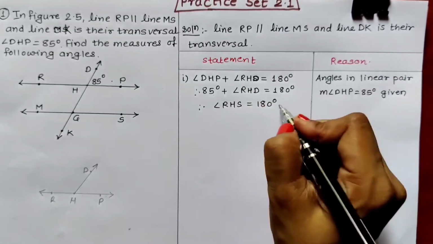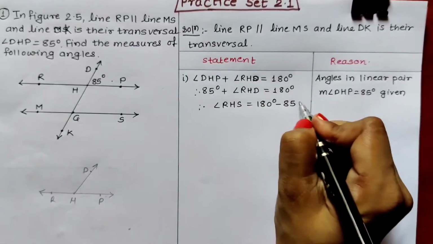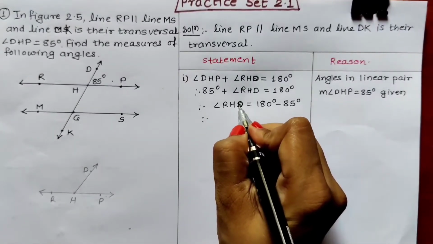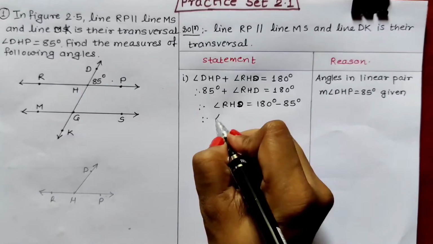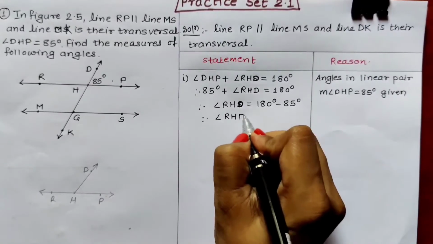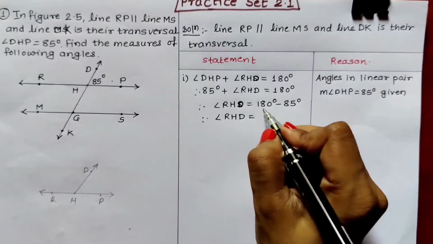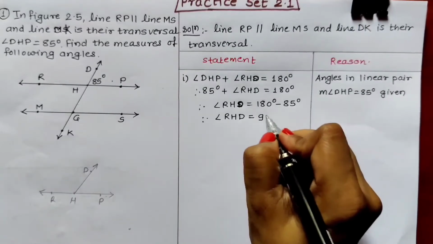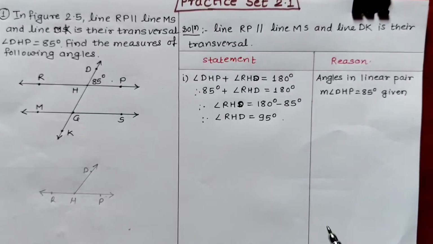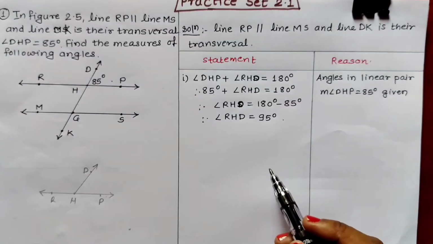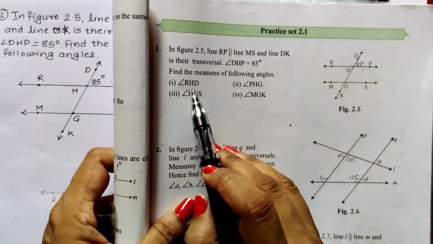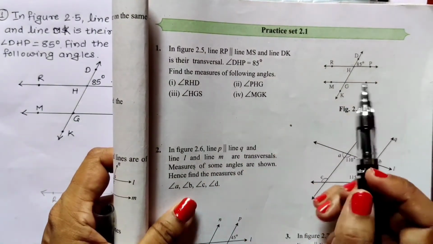So plus 85 will become minus 85, and therefore RHD is equal to 180 degree minus 85, which is 95 degree. So in this way we have got the answer of the first one, RHD is equal to 95 degree.